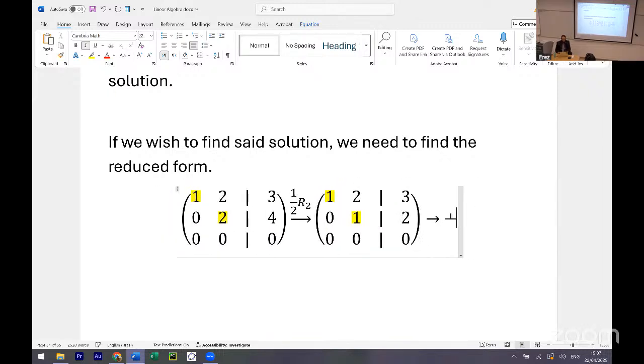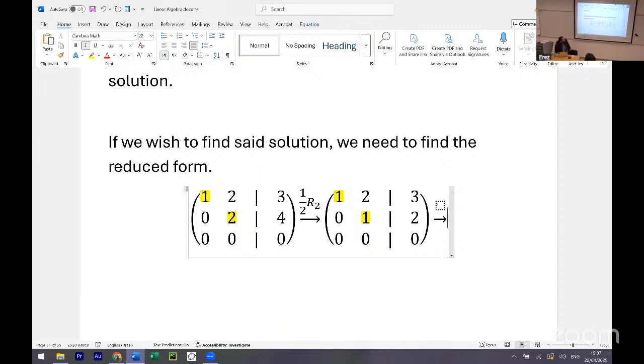So what will be the next step? R1 minus R2 times 2. Yeah, we need to think about it. When you go to the echelon form, you cancel out below the so-called diagonal. It's not diagonal, it's the staircase. You cancel out below the stairs. And when you go to the reduced form, you cancel out above the stairs. So we need to cancel the 2 there.